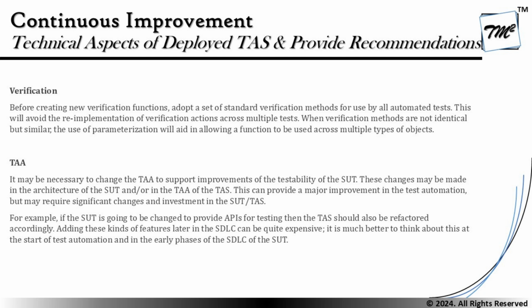For example, if the SUT is going to be changed to provide APIs for testing, then the TAS should be refactored accordingly. Adding these kind of features later in the SDLC can be quite expensive, so it is better to think about this at the start of the test automation and in the early phases of SDLC of the SUT. Indeed, this is not a primary option, however.